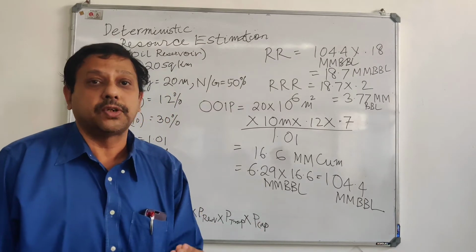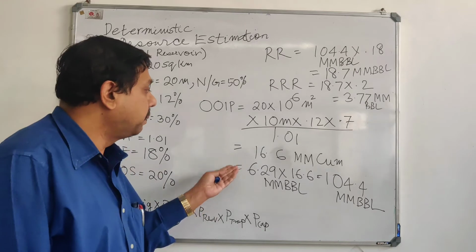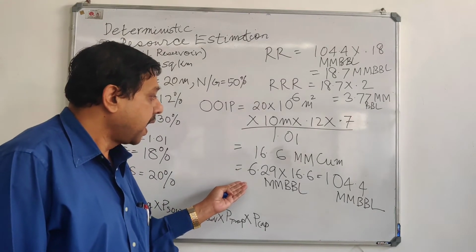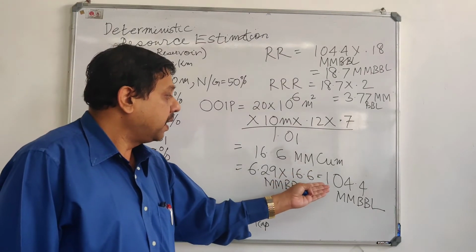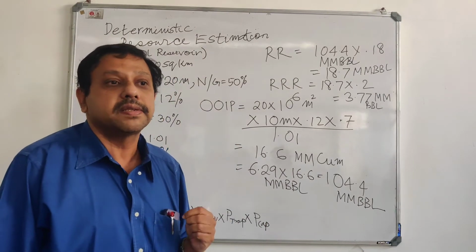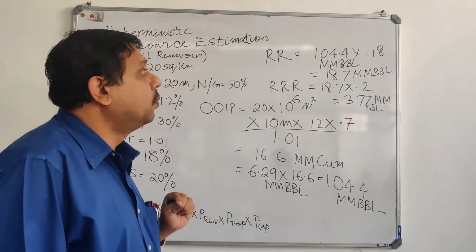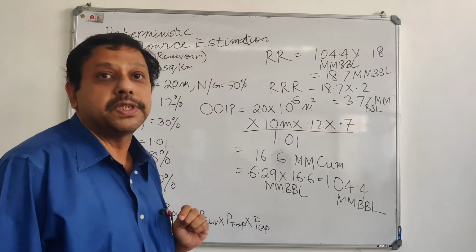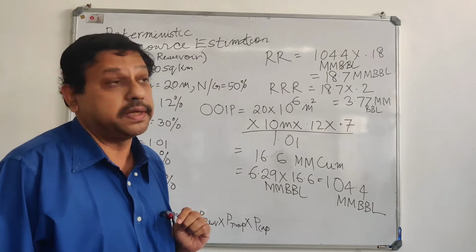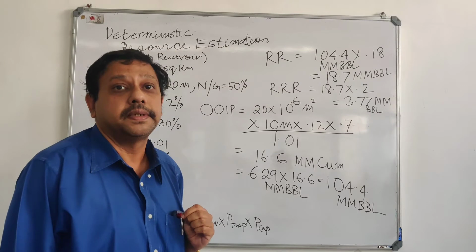It is not a strict number, it depends on the pressure and temperature. However, the ballpark number is 6.29, and you get 104.4 million barrel as the original oil in place in this example. For the recovered resource, you multiply it with the recovery factor, which is 0.18, that means 18%, and it turns out to be 18.7 million barrels.